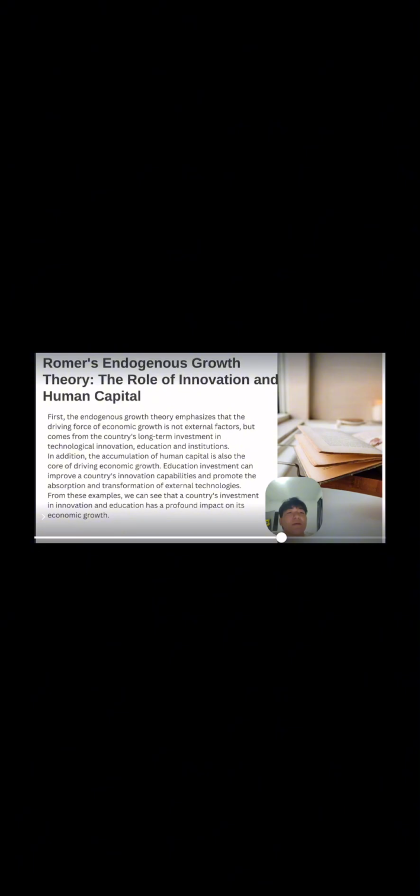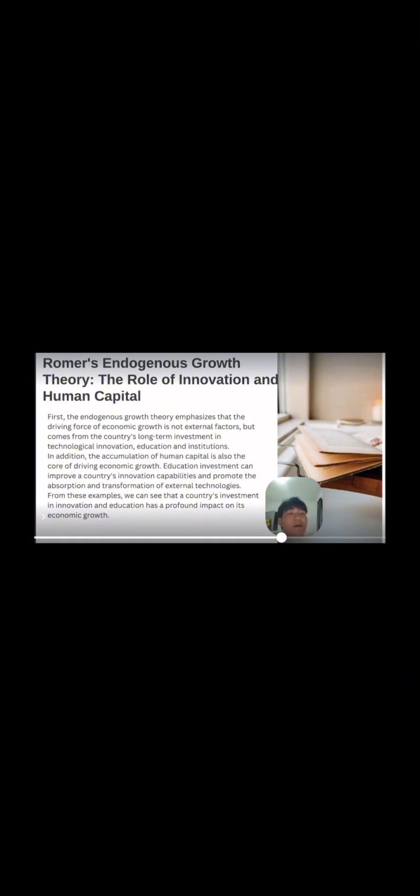Taking the United States as an example, in 2023, the United States' R&D expenditure accounted for 3.5% of GDP, nearly $950 billion. This laid the foundation for the United States' global leadership in fields such as artificial intelligence, biotechnology, and aerospace.